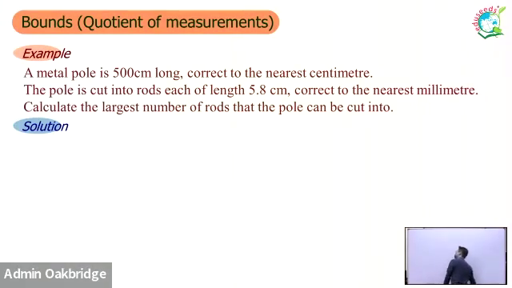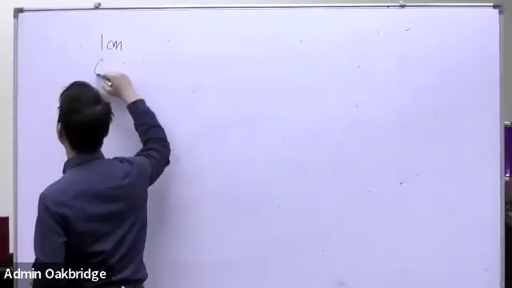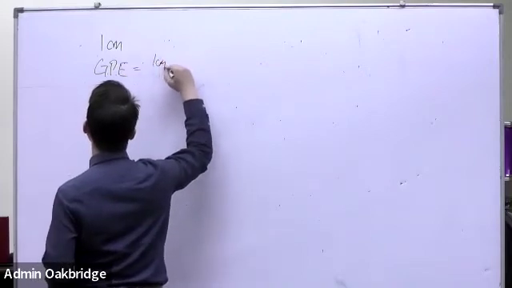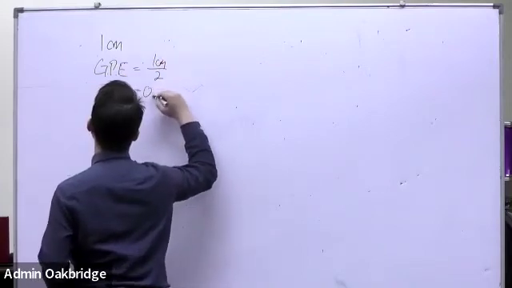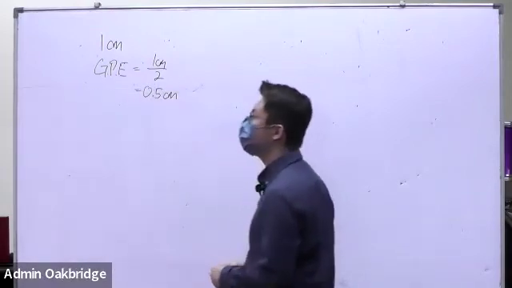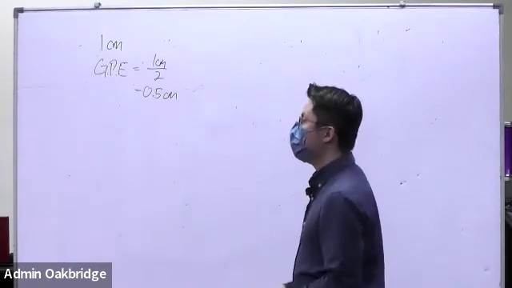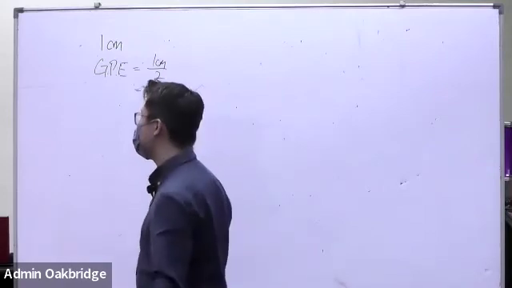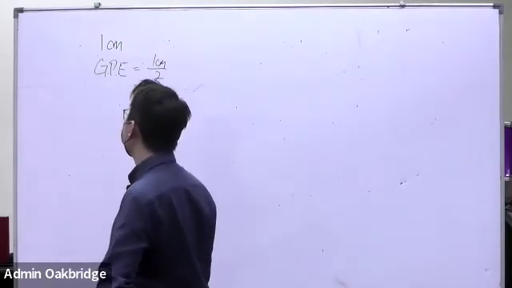Okay, a metal pole is 500 cm long, correct to nearest centimeter. Okay, now you know that the accuracy of the measurement is 1 cm. The GPE is 1 cm divided by 2, 0.5 cm. Okay, and then the pole is cut into roots of each length 5.8 cm correct to nearest millimeter. Here we have two different accuracy of the measurements. This is only for metal pole.